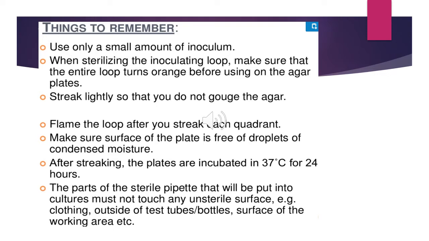So streak the agar media lightly. Flame the loop after each quadrant that you make. Make sure that the surface of the plate is free from droplets of moisture. And then after streaking, the plates are then incubated. The parts of the sterile pipette that comes in contact into the culture must not touch any unsterile surface outside of the plate.